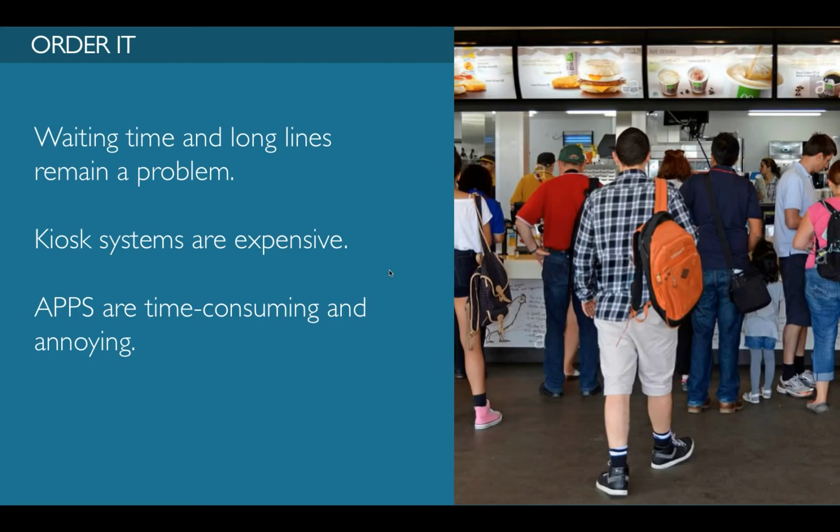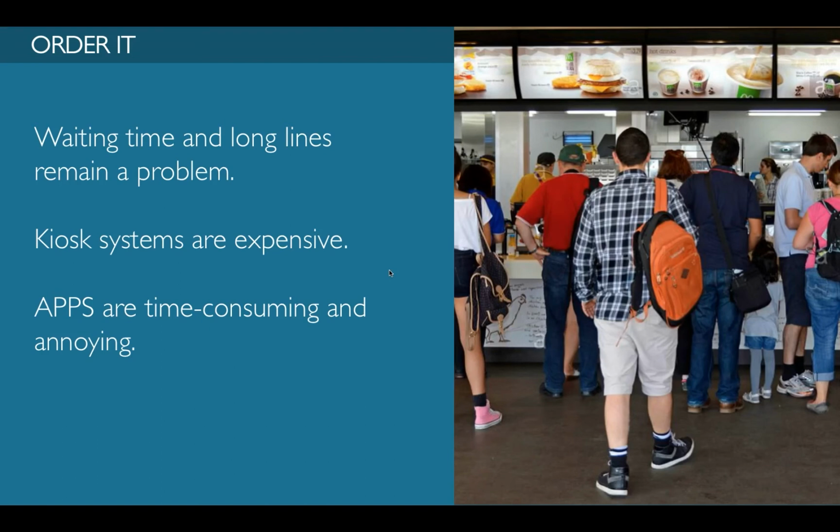So what does Order It mean? Especially at this time, waiting time and long lines remain a problem, especially with health concerns right now, where we have to keep the distance and all things like this. This produces a lot of queues and big queues. Kiosk systems are also expensive, and apps are time consuming and annoying, because even if you need an app for everything, it's really annoying.